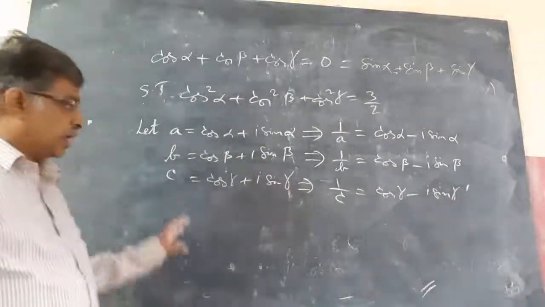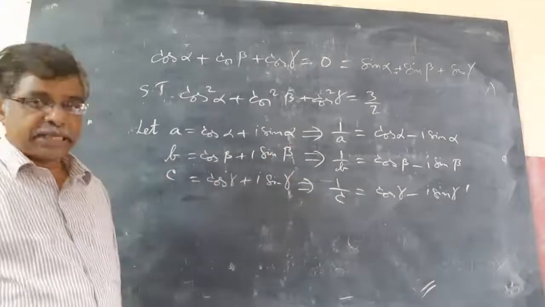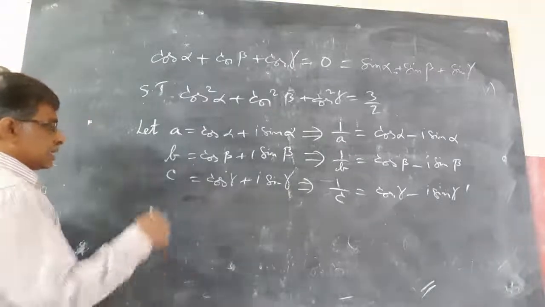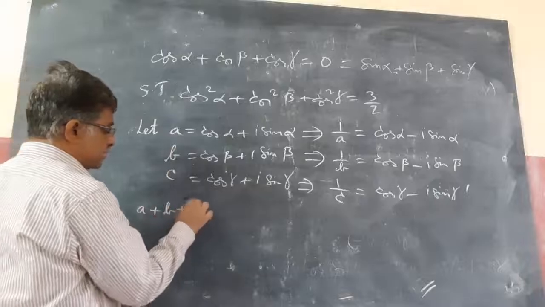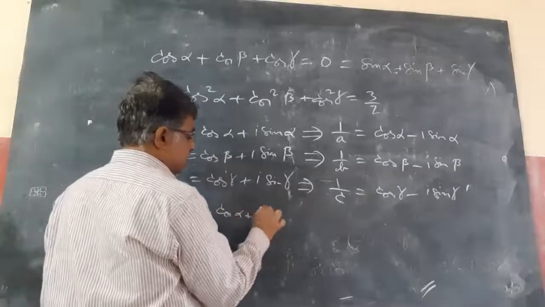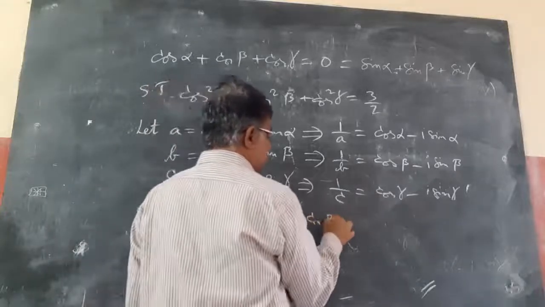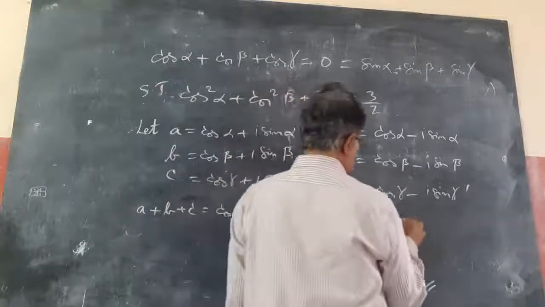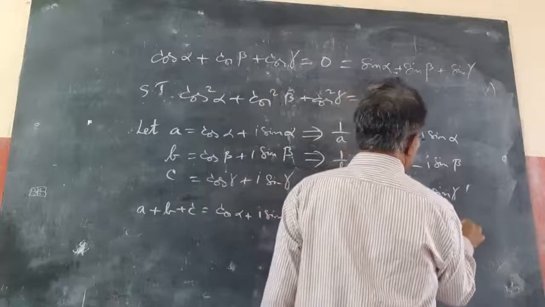So we got 1 by a, 1 by b, 1 by c, and now 1 by a plus 1 by b plus 1 by c is the second thing. First, add all the three, as we already did. a plus b plus c equals cos alpha plus i sin alpha plus cos beta plus i sin beta plus cos gamma plus i sin gamma.